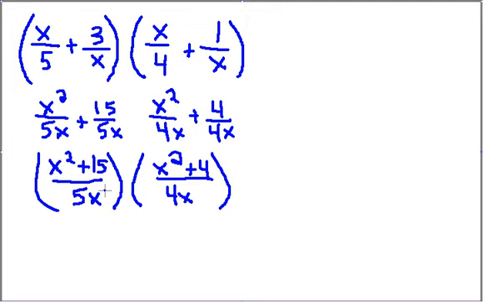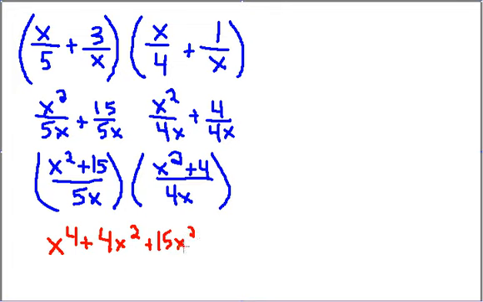At this point now, we can go ahead and use our distributive property to calculate this out. X squared times x squared is going to be x to the 4th. X squared times a positive 4 is going to be a plus 4x squared. Now we get our second term. 15 times x squared is going to be a plus 15x squared.